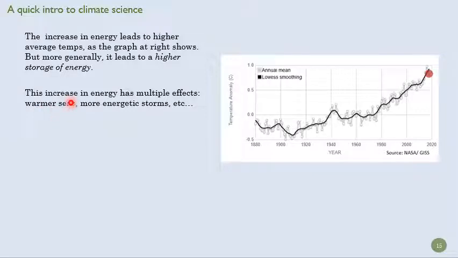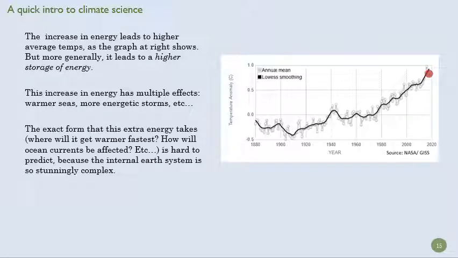It might create warmer seas. It's going to release some of that latent energy in the polar ice caps. We're going to have more energetic storms. The big picture is there's just more energy in the system, and that has significant effects on climate and the weather.